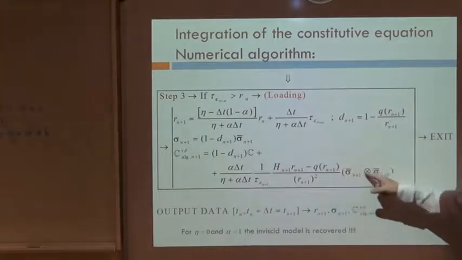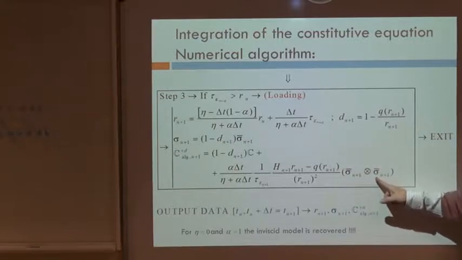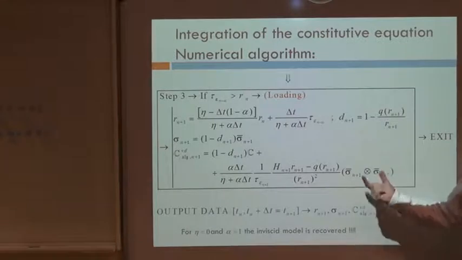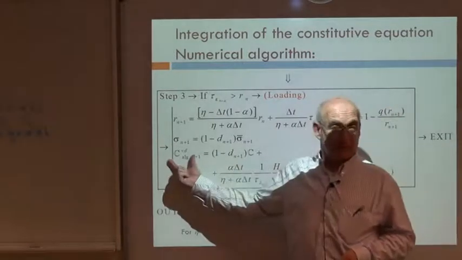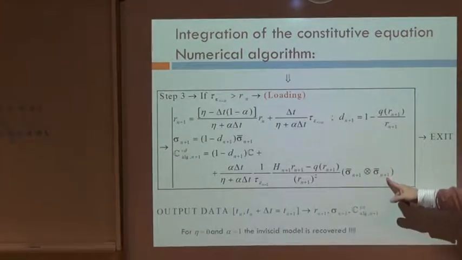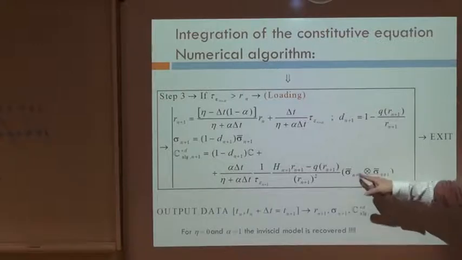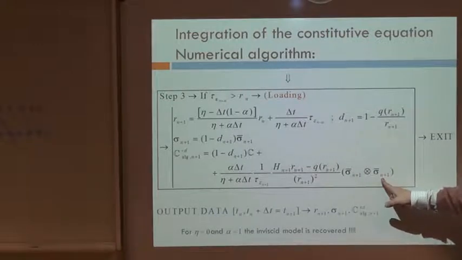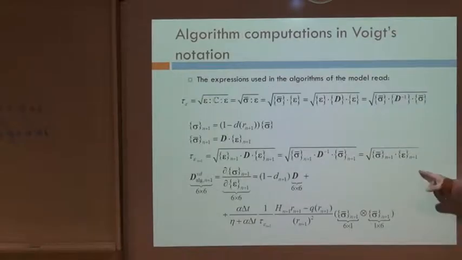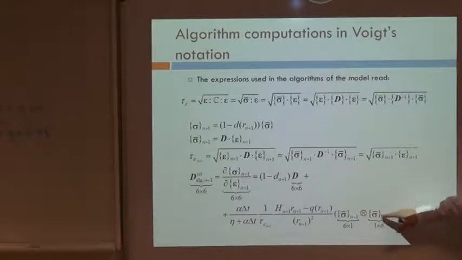And this is the open product of two tensors. The open product of two second order tensors is a fourth order tensor, which is consistent with the fact that this is a fourth order tensor. But now, what is coming to your mind for replacing here? The open product of the two Voigt vectors of the stresses. Okay? Which is what you have here. How do you compute that?